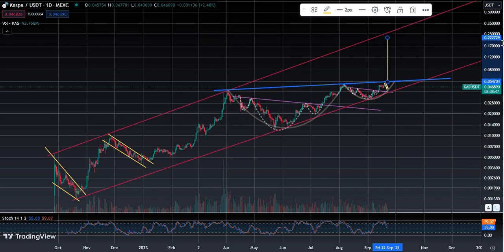Look at it right over there. 0.222, 22 cents. Now, is this a cup and handle? No, not yet. Hate to break it to you. And this was not an inverted head and shoulders pattern until we broke out over this neckline.